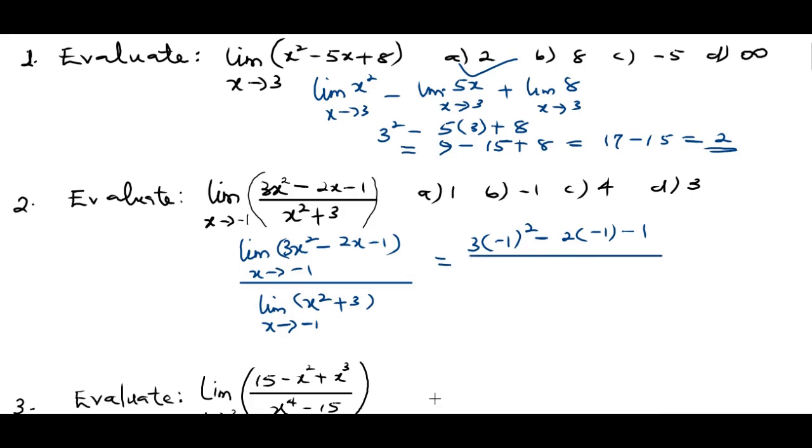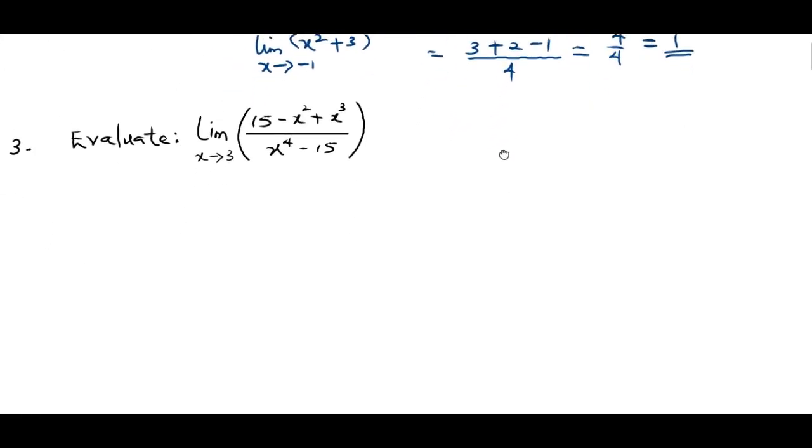Then for the denominator, you put minus 1 all squared plus 3. So minus 1 all squared is 1. 1 times 3 is 3. Then minus times minus is plus. We have plus 2 minus 1 all over minus 1 all squared is 1. 1 plus 3, that is 4. So we have 3 plus 2, 5. 5 minus 1 is 4. 4 divided by 4 is 1. So the answer to this question is 1. Option A.